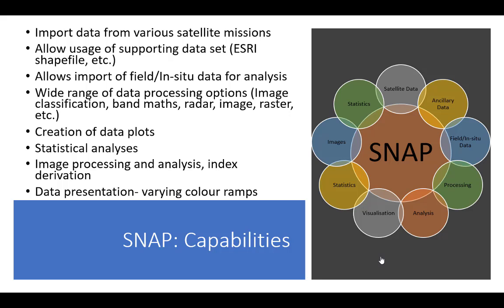You can process radar data, imagery, raster, and many other data formats. You can also do some calculations on the data. You can do image processing like image classification, object detection, and so on. Data plots, statistical analysis, and various visualization capabilities are also within the system.